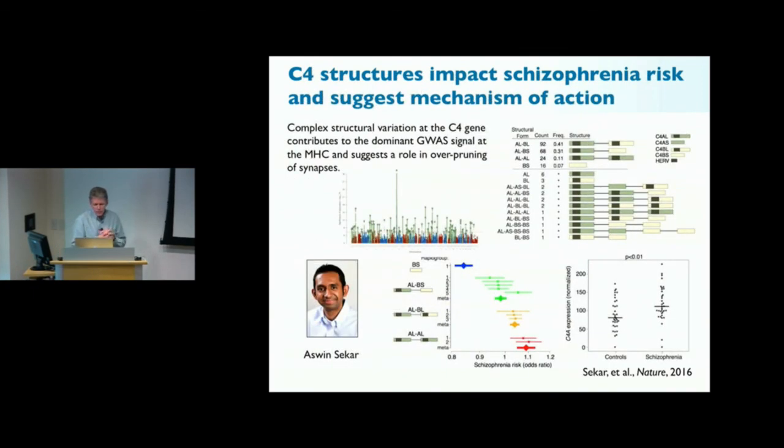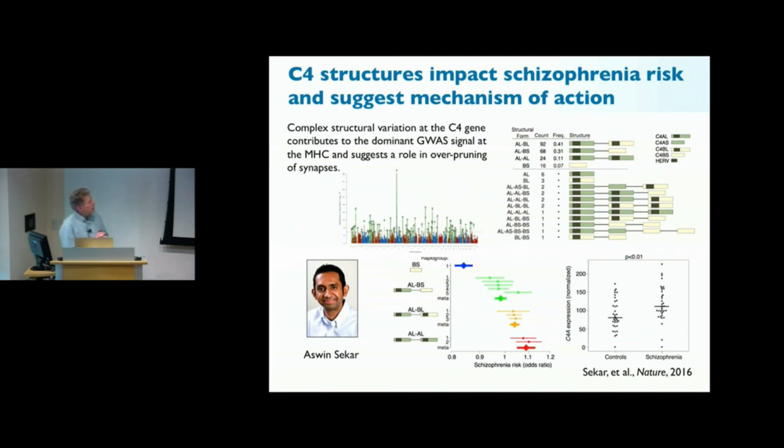And probably the most famous locus that we've worked on in the McCarroll lab is C4, which is a gene that's implicated in schizophrenia risk. And if you can see the Manhattan plot in the middle here, in all of the schizophrenia GWAS studies, there's this one towering peak on chromosome 6 at the MHC, and because it's such a strong association, it was the first one identified in schizophrenia.